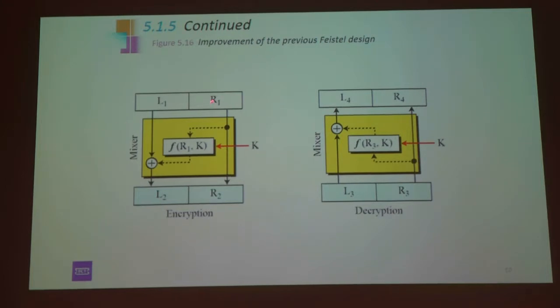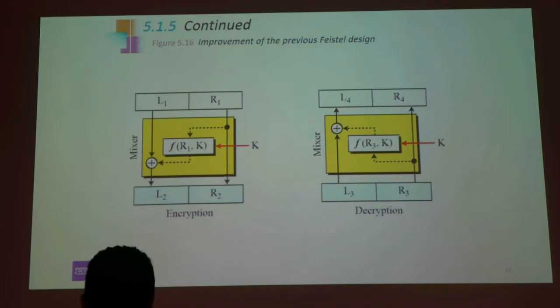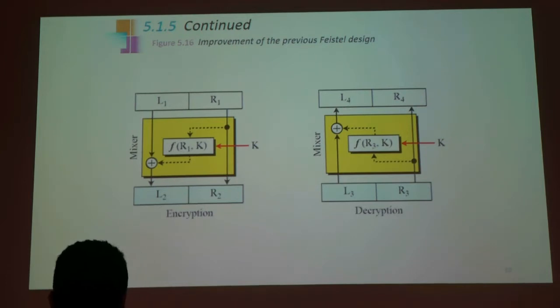So R1 goes all the way to R2. Her question is: this is less secure because you have half of the message the same. Before, we used to put everything into the operation, and here we are only doing half, right?